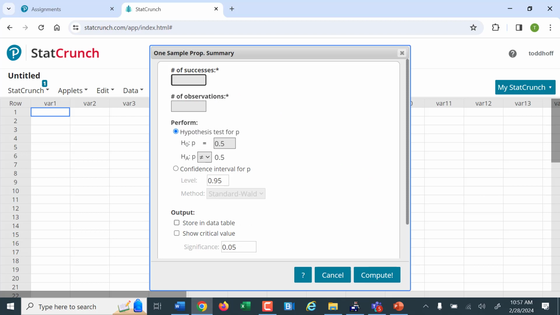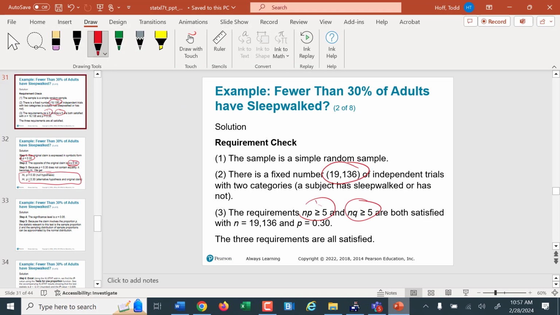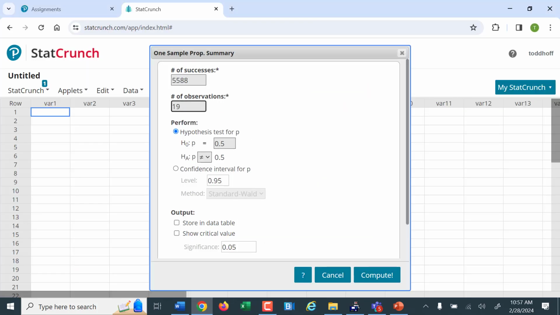So in StatCrunch, we do 5,588 successes out of 19,136. And this is a hypothesis test. The alternative is less than. The number is 30% or 0.3. Now I'm going to have us show the critical value.